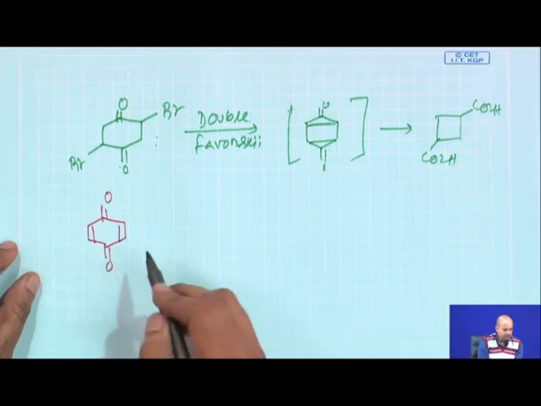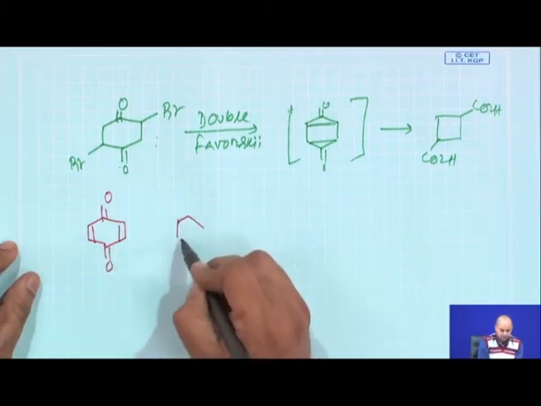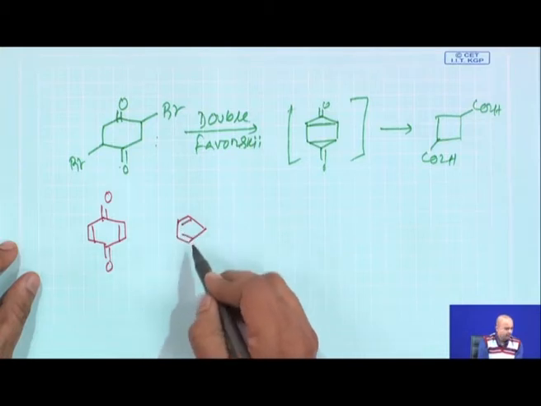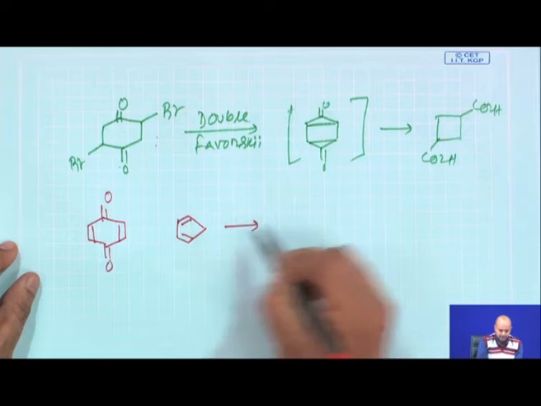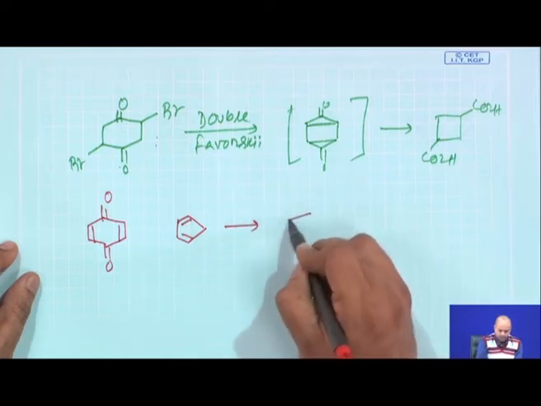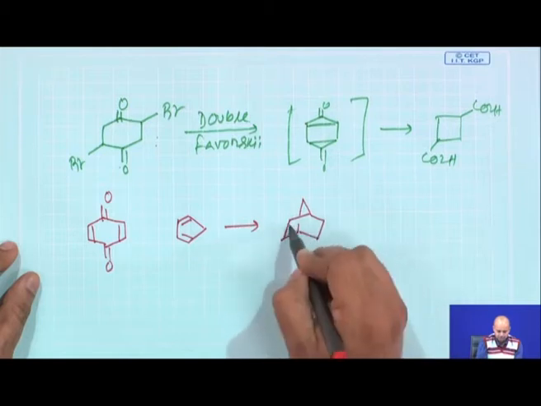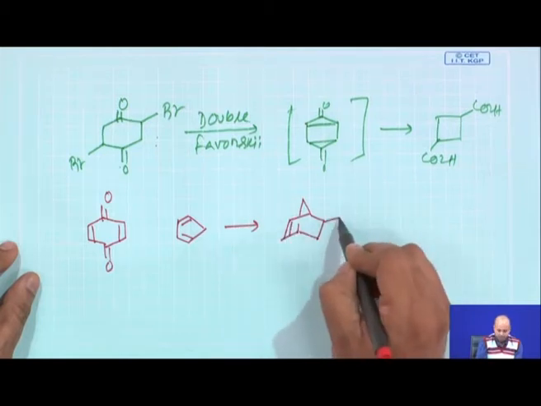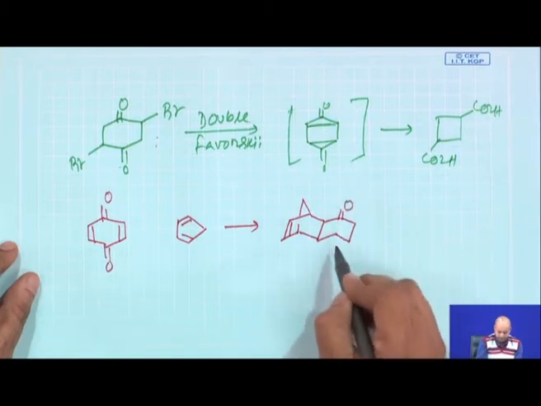He started with a cyclic dienophile, which is parabenzoquinone, and a diene, cyclopentadiene. So, the initial Diels-Alder reaction basically gives you this compound. I have drawn it this way.